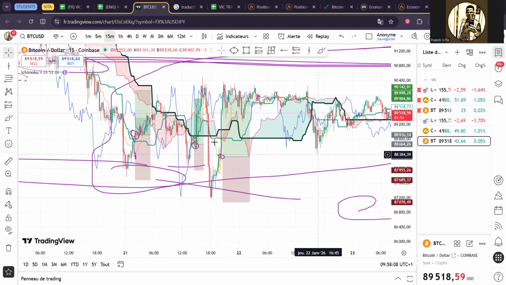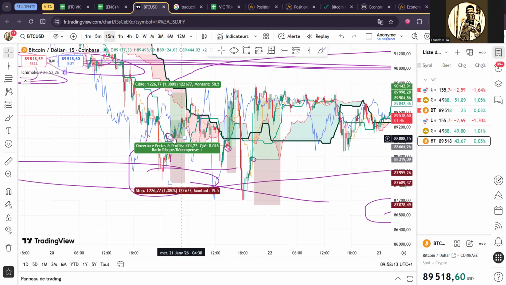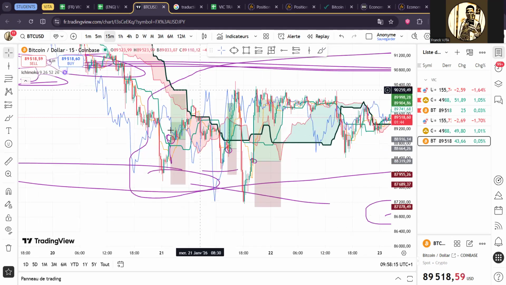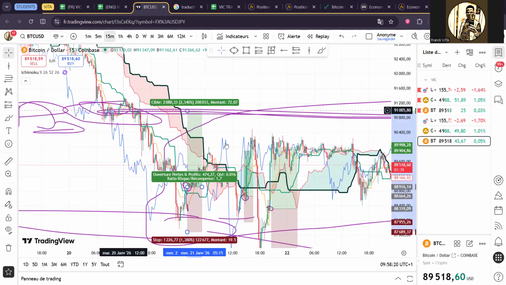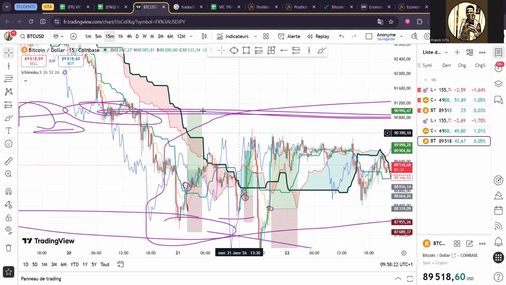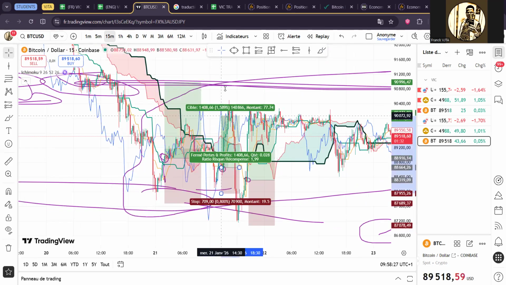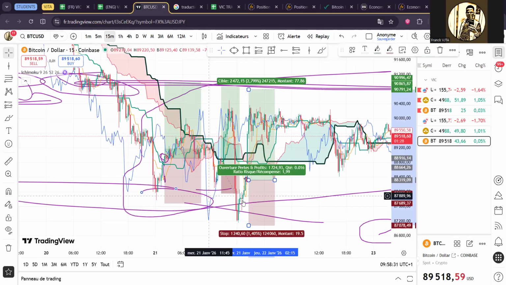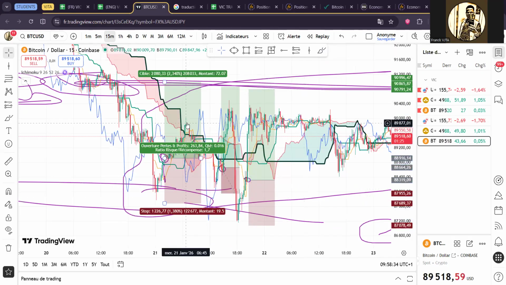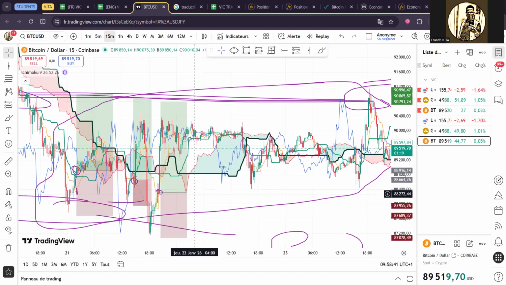Those entries, you had like 3 entries. But for the first entry, if you enter here and then you place your take profit at this level where you had the knees of Luffy from 4 hours, what would have happened is that for the first entry, if you let the position without placing a break even when the candle goes to the upside like this, you will get out by the third touch, for the third entry.